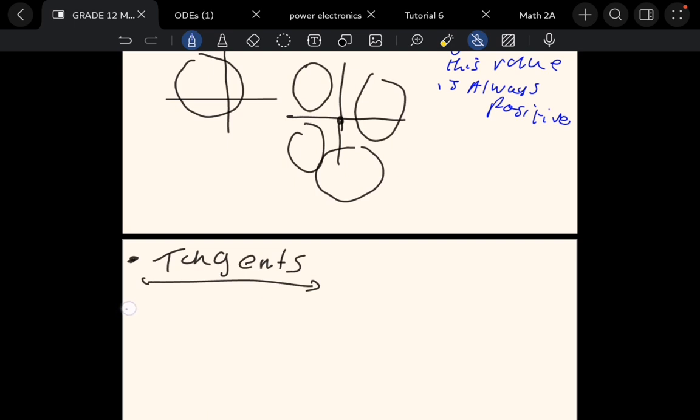Now, a tangent to a cycle, it's going to be a line that is going to touch a cycle once, and at that point the tangent will be perpendicular to your radius.